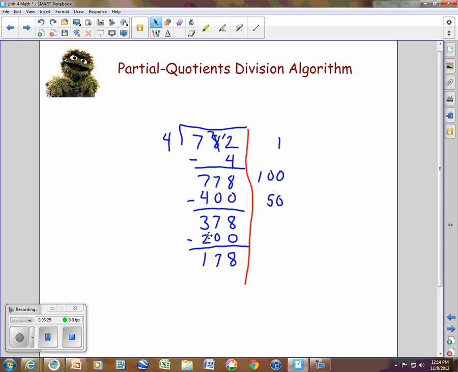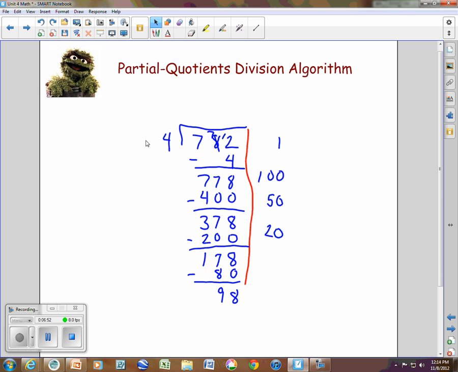So I've subtracted 200 from 378, and that leaves me with 178. Couldn't take another chunk of 50 because 178 doesn't give me enough. So I take a chunk of 20. I put the 0 down below the 8, and now it's 2 times 4, like we've done multiplying zeros before. 2 times 4 is 8, so 20 times 4 would be 80. And when I subtract that, I have 98.